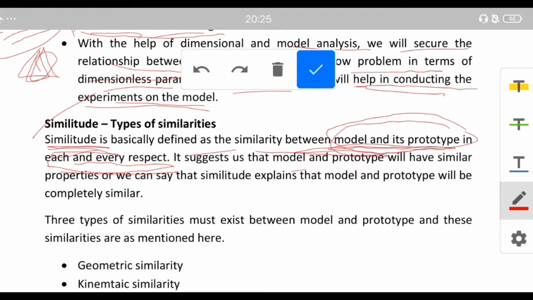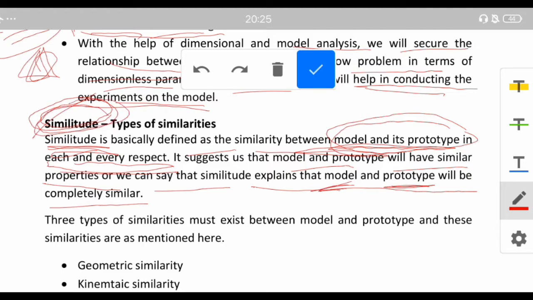It suggests that the model and prototype will have similar properties, or we can say that similitude explains that the model and prototype will be completely similar. So this is the factor which will confirm that the model and prototype have a particular relationship or similarity. Similitude is the thing which will define that.